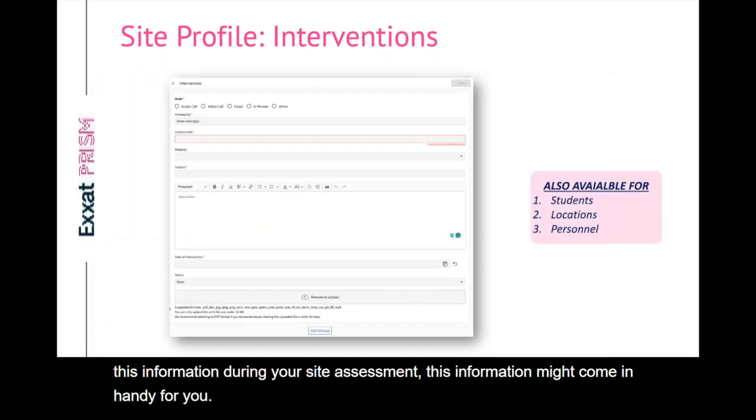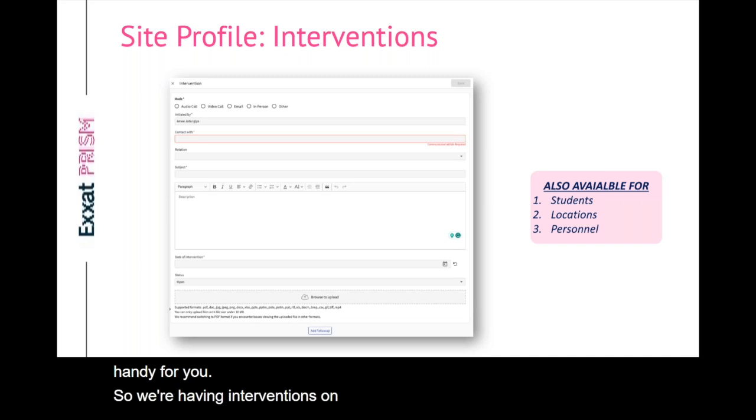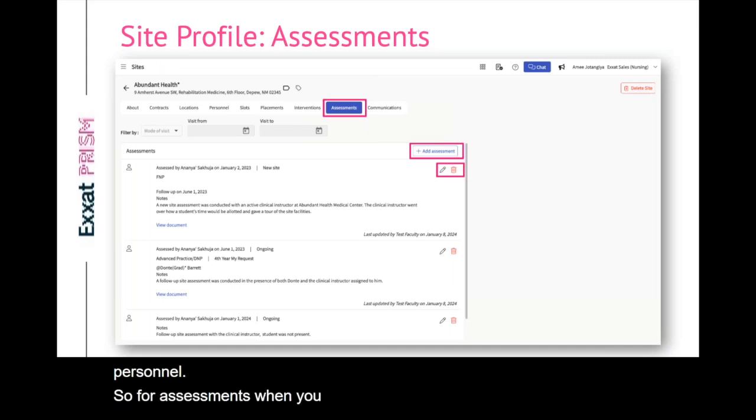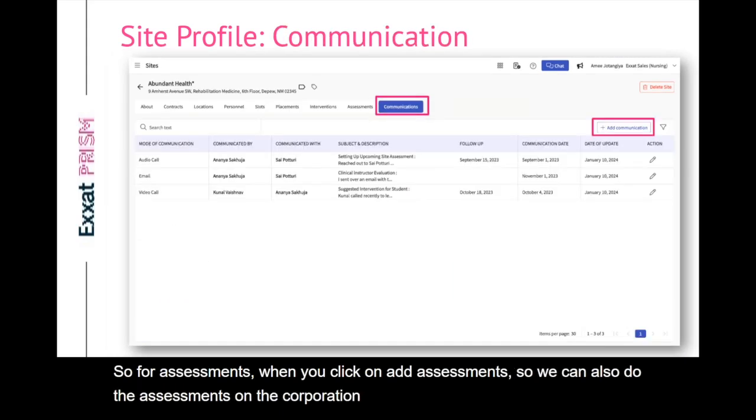So we have interventions on student level, location, and also on personnel. So for assessments, when you click on add assessments, we can also do the assessments on the corporation level.